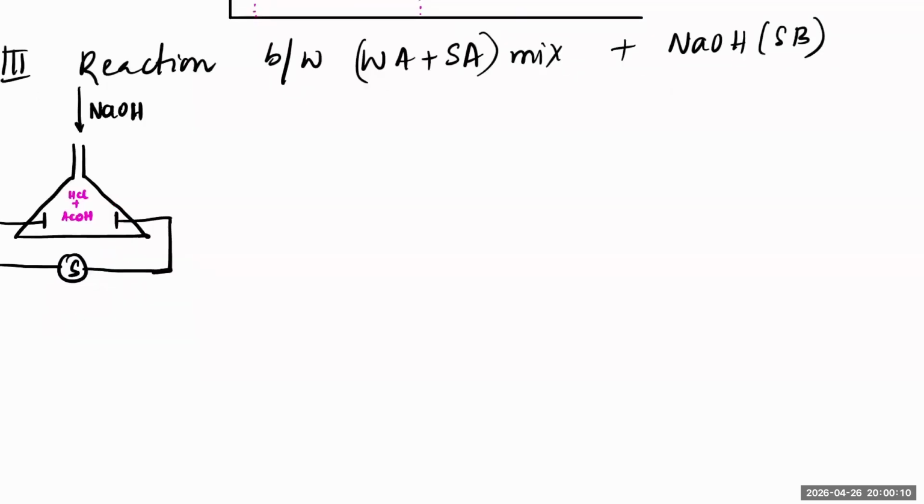Now, what would happen? As long as HCl is present, the first titration will be about this only, where it will become NaCl and H2O.